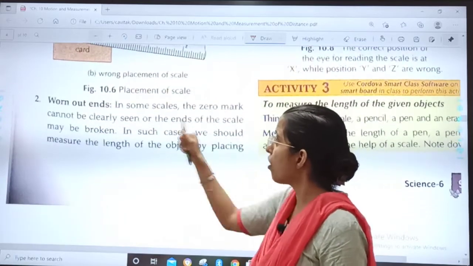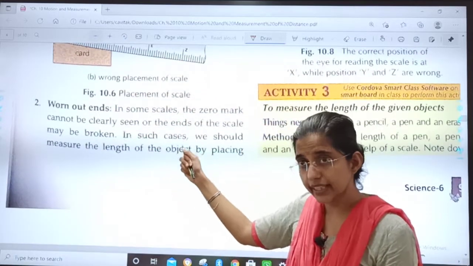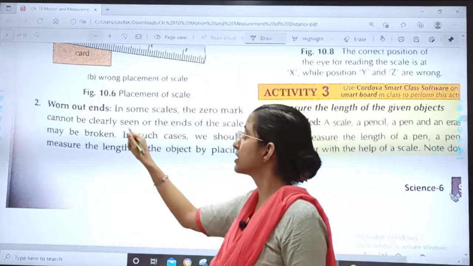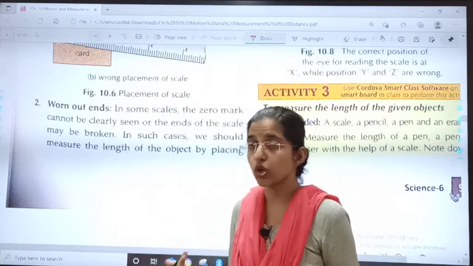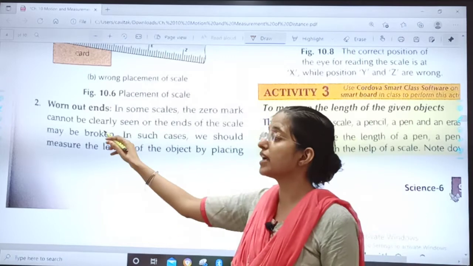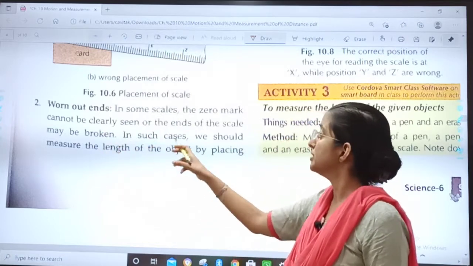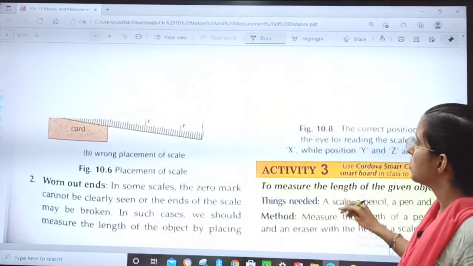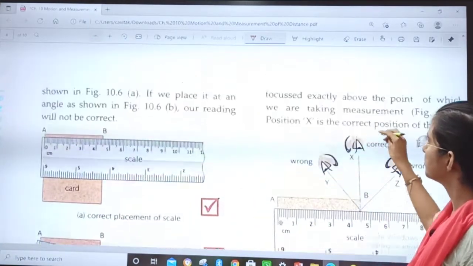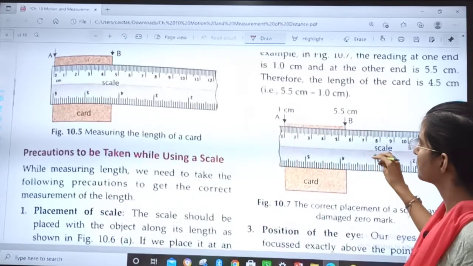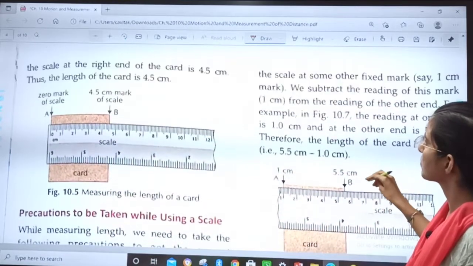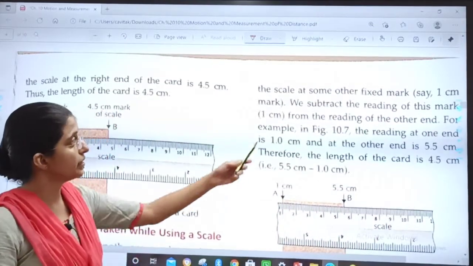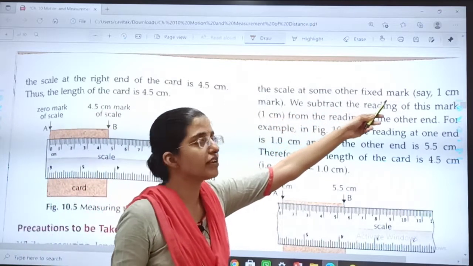Then worn out ends. In some scales, the zero mark cannot be clearly seen or the ends of the scales may be broken. In such cases, we should measure the length of the object by placing the scale at some other fixed point.